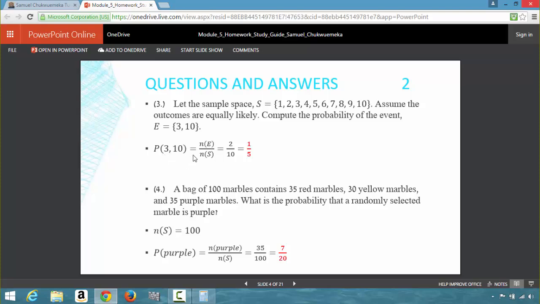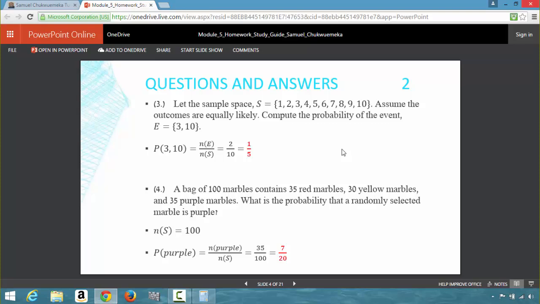The probability of an event is equal to the cardinality of the event divided by the cardinality of the sample space. So this is 2 over 10. Of course, you have to simplify the fraction, and that gives you 1 out of 5.